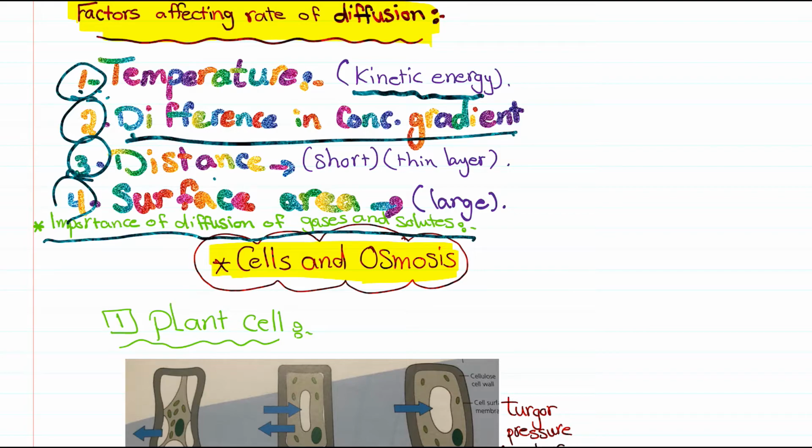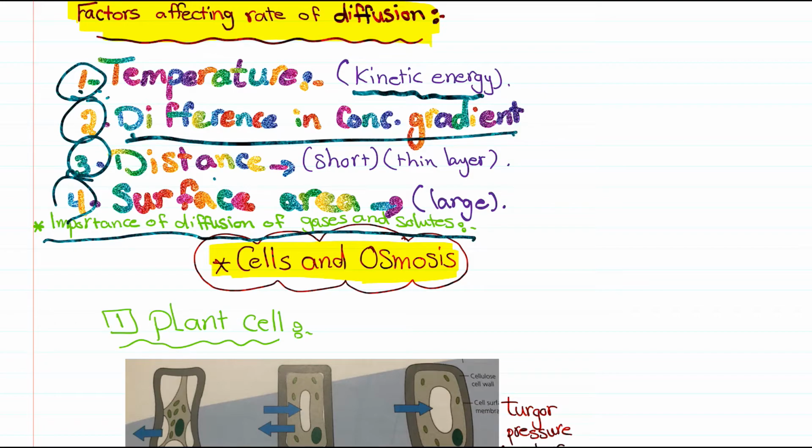Even in the lung, oxygen enters the blood from the lung by diffusion. Mineral ions in the soil, dissolved in water, diffuse into the root hair cell. So diffusion has different importance in our life.